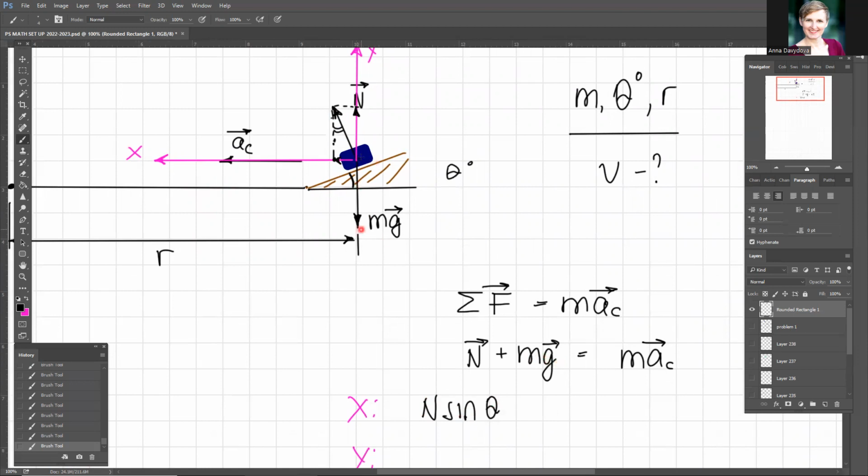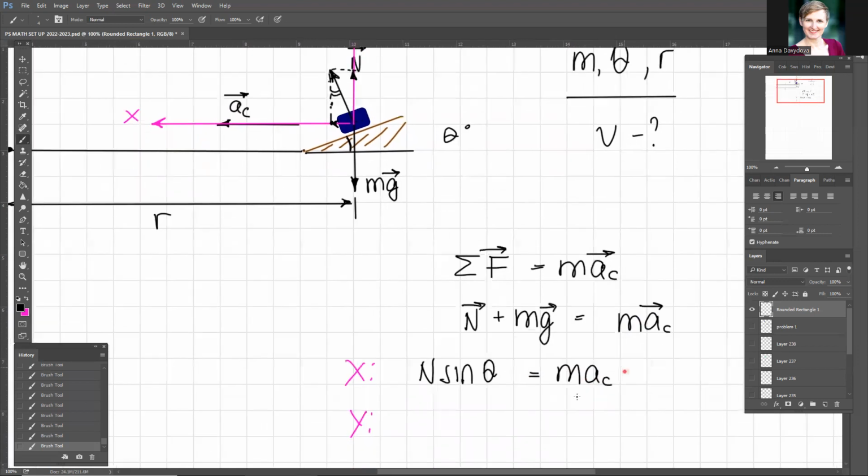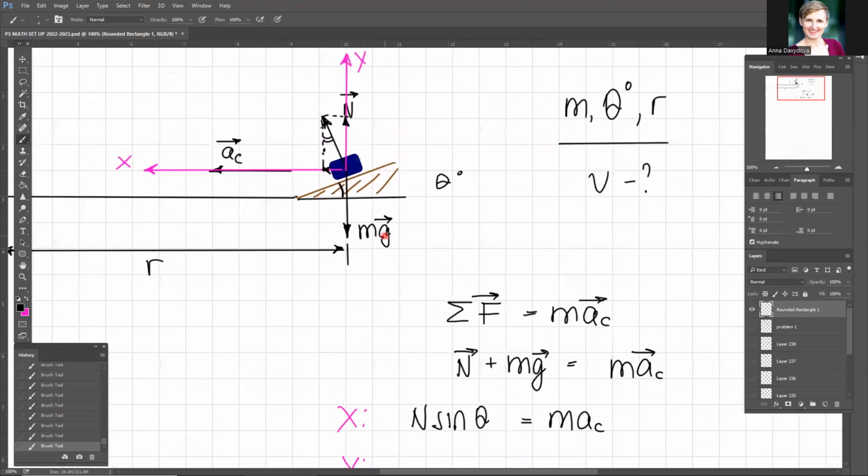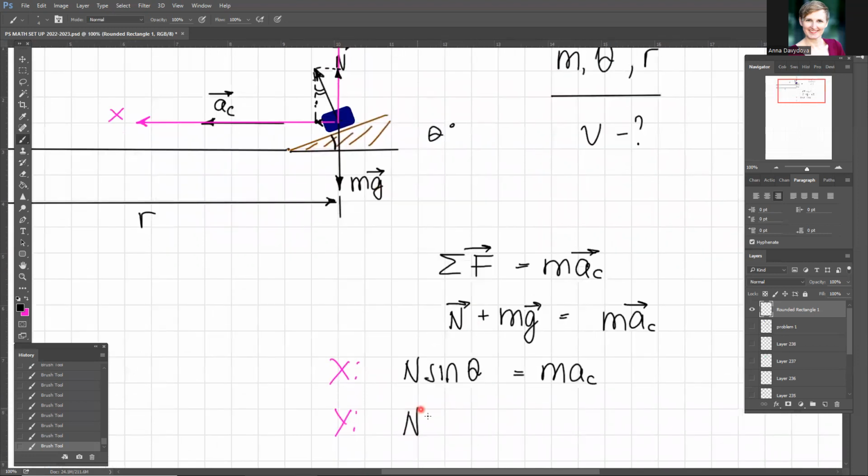Mg does not have any effect horizontally. It equals MAC, and AC we know how to find, V squared divided by R. We'll get there in a second. For the Y component, N, which is kind of the same piece, will be N cos theta. Mg is pointing the other way.